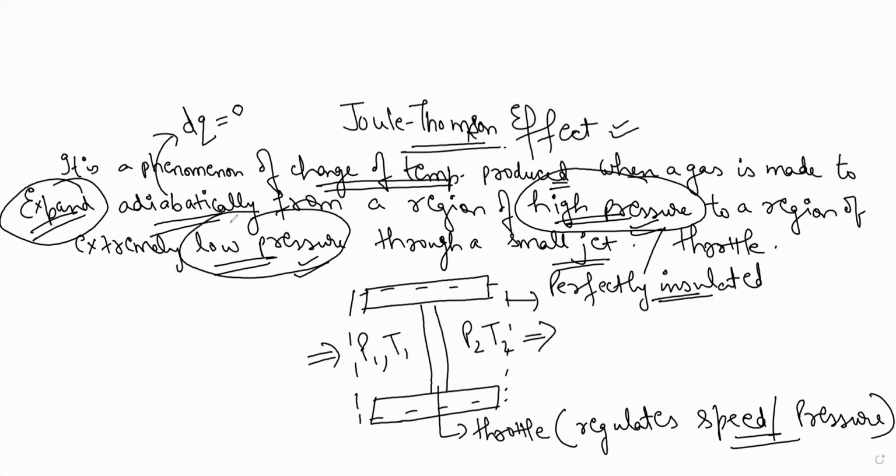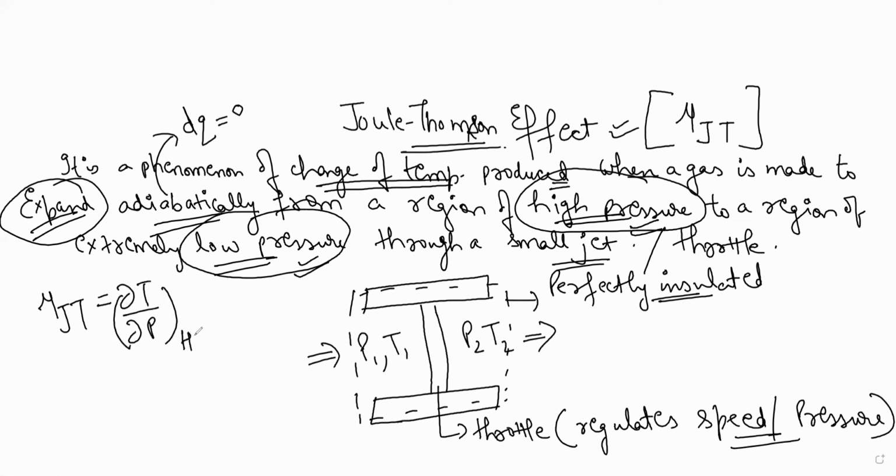We can also look at the definition and the mathematical formulation of the Joule-Thomson effect or coefficient. It is symbolized as mu JT. This is the symbol for the Joule-Thomson coefficient, and mu JT is equal to del T by del P at constant H: change in temperature by change in pressure at constant enthalpy.